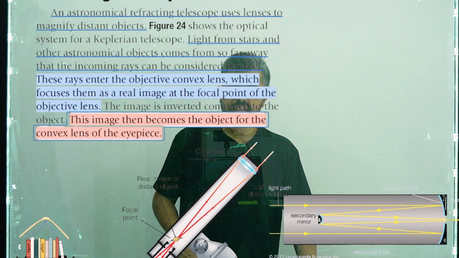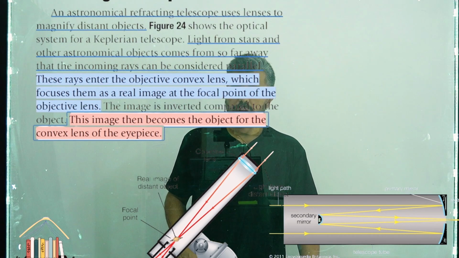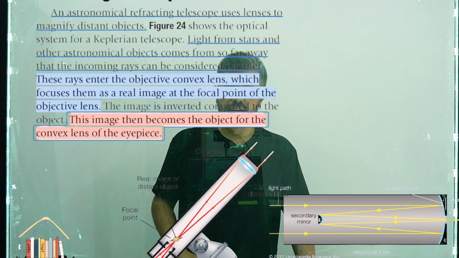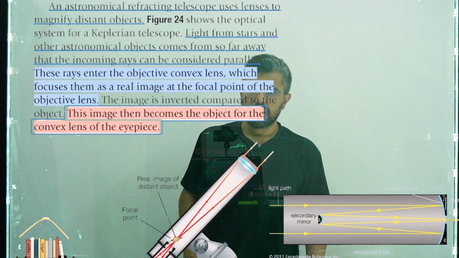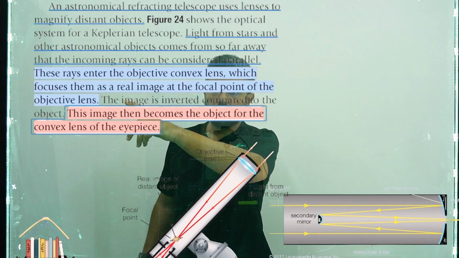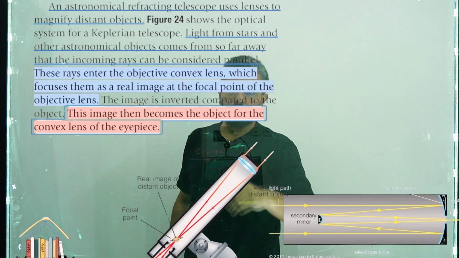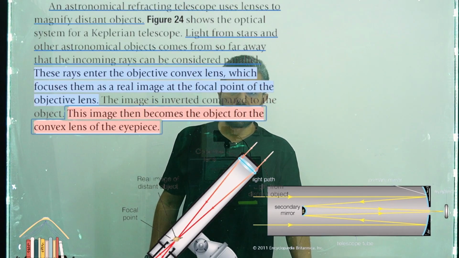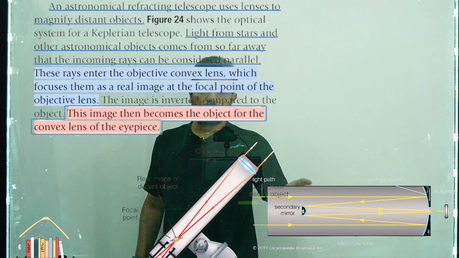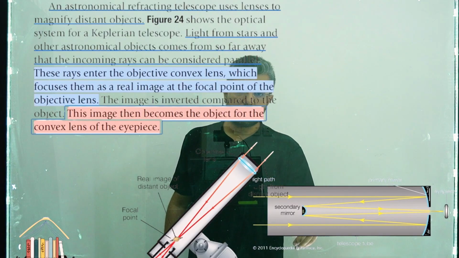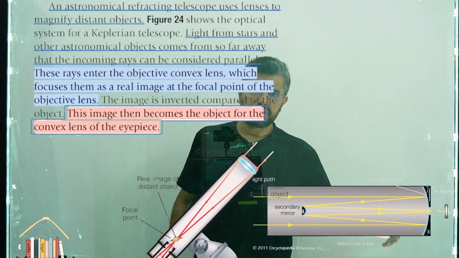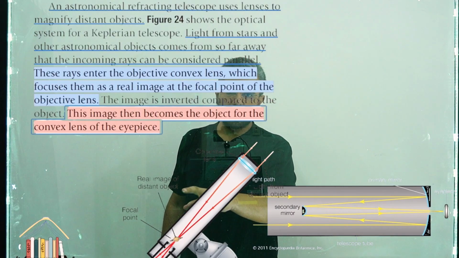So these rays enter the objective lens, a convex lens, which focuses them into a real image at the focal point. So in the telescope as well, there is a main focal point where all the images are formed before being received through the eye. Let's see the light path here.